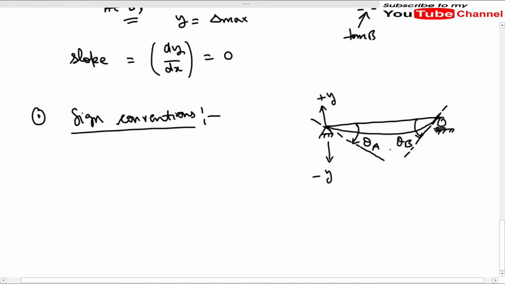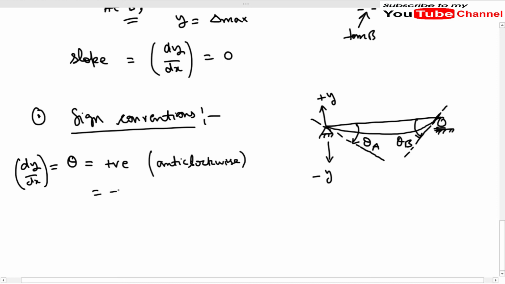Let me illustrate how we are going to use our sign convention. First let me write theta. The value of slope, dy by dx, is nothing but the slope. If we get a positive value of theta, it means the slope is anti-clockwise.